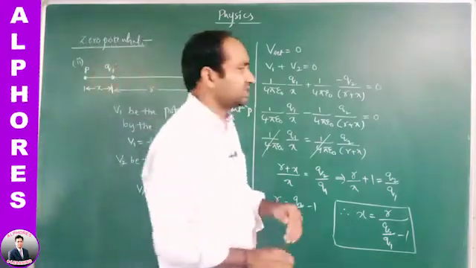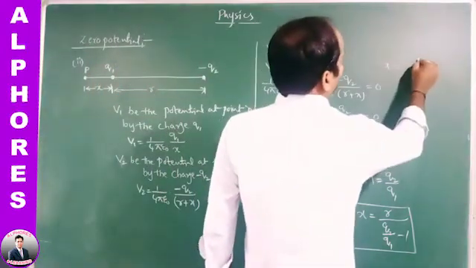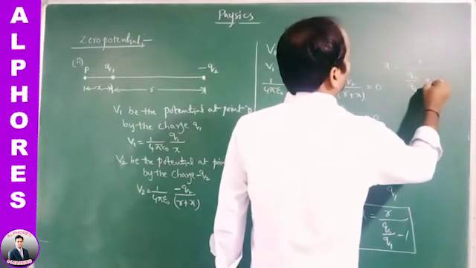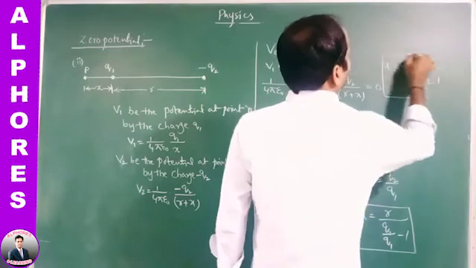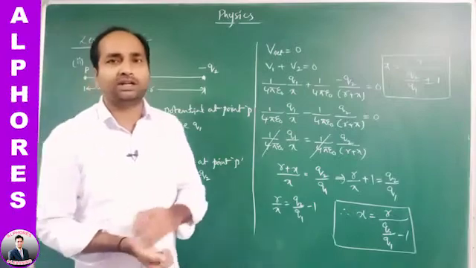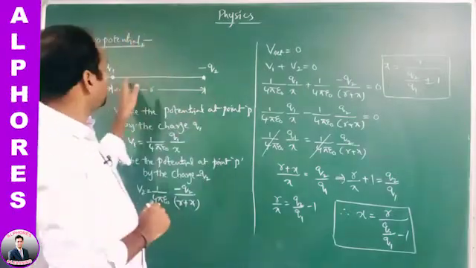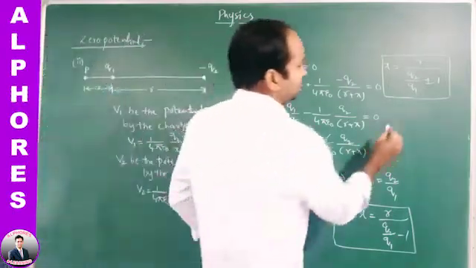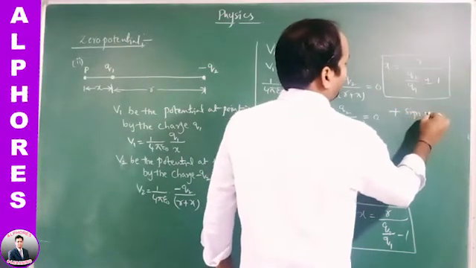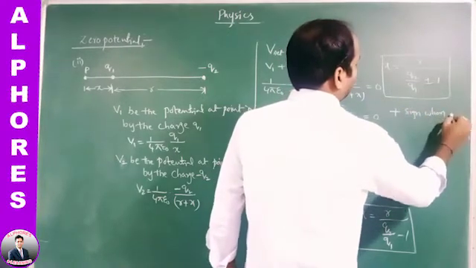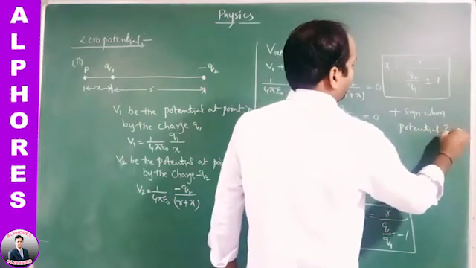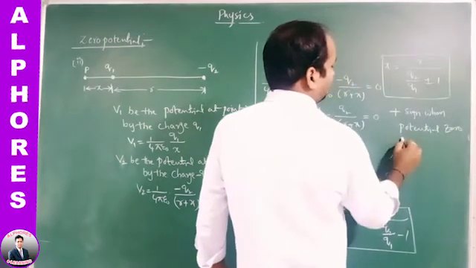Actually the null potential formula is x equal to r by (q2 by q1 plus or minus 1). The positive sign is used when the null potential is obtained in between the system of two charges, when the potential is 0 inside the system.